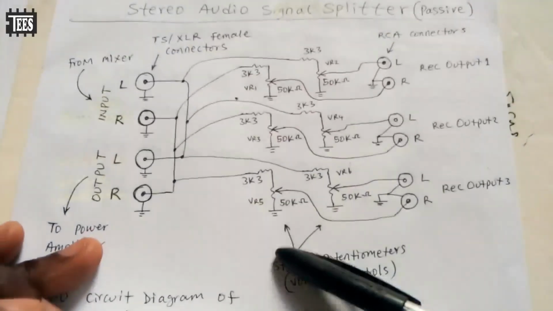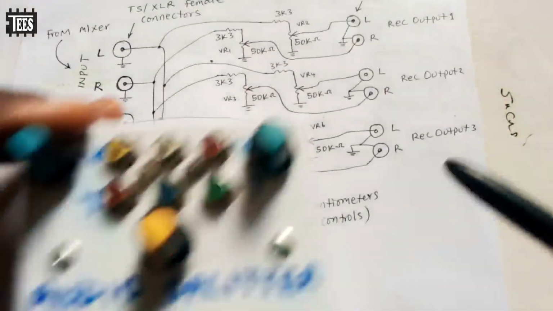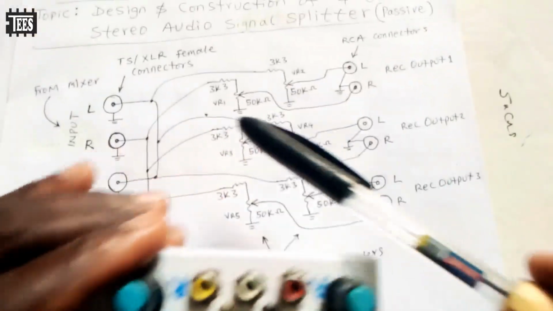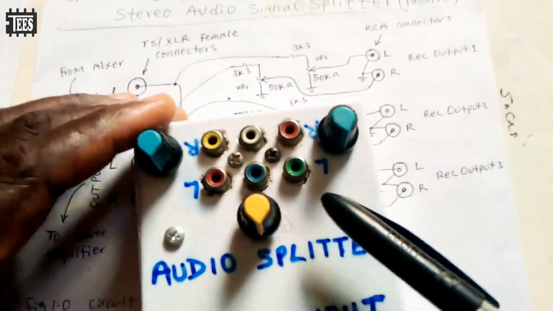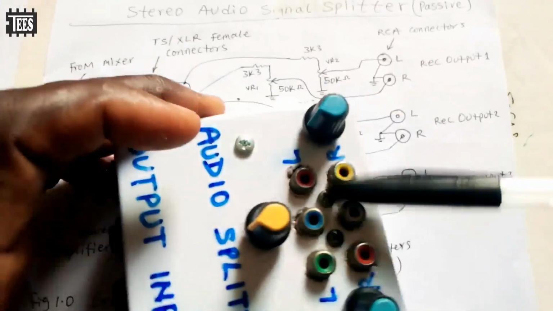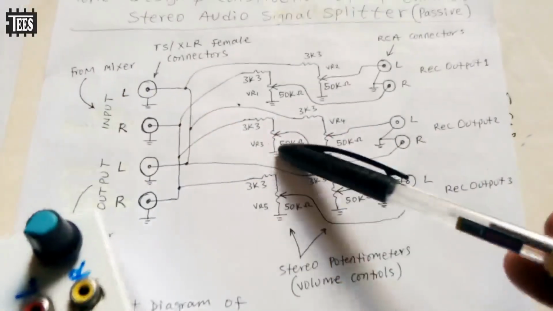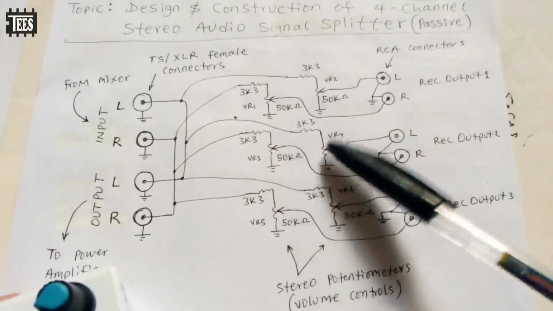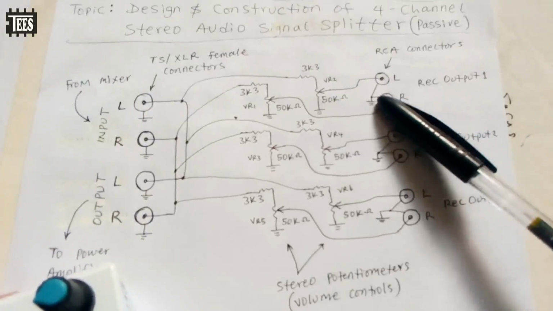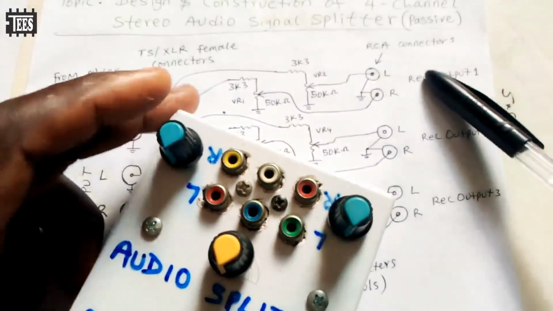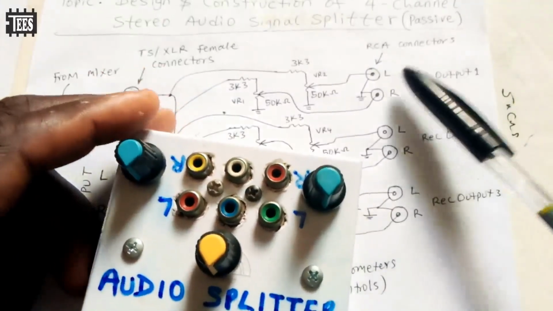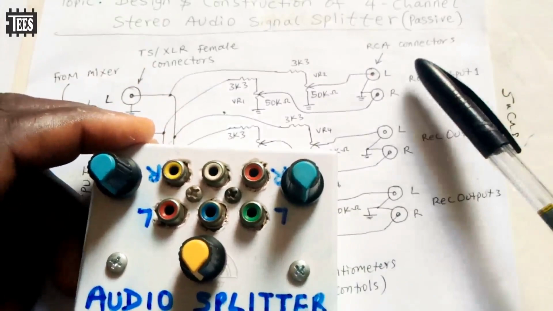If you want to make yours up to 6 outputs, use 4.7K resistors. It's still not going to weaken the signal. You understand? You don't need a large volume. On your recording equipment, you will still have input level controls, which you can still reduce.